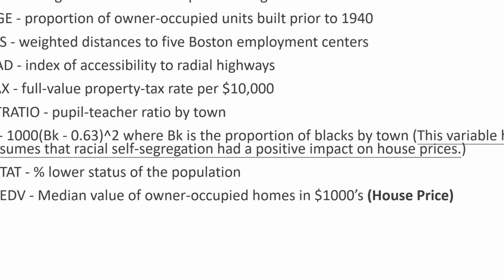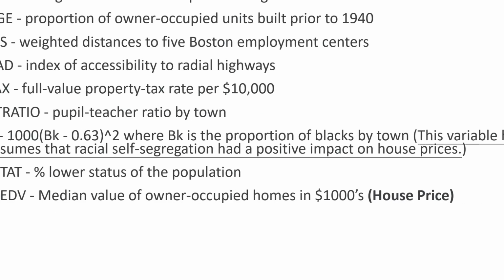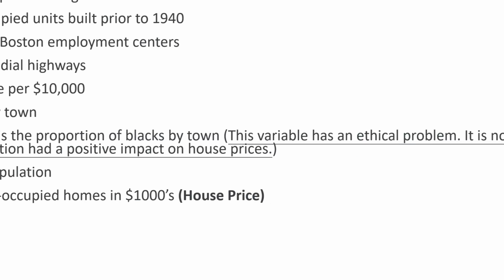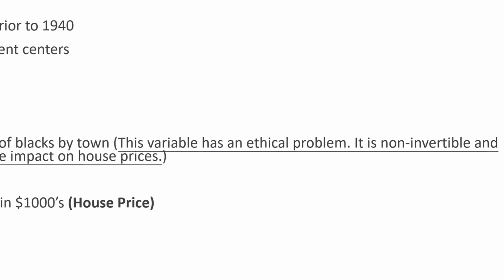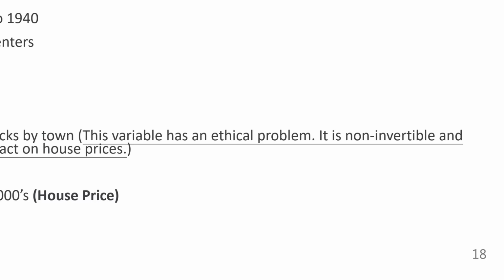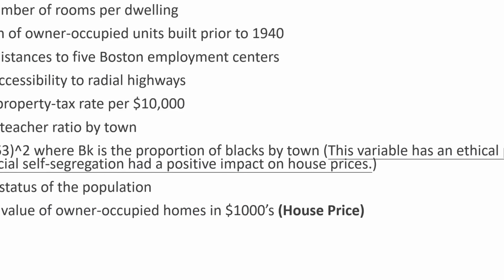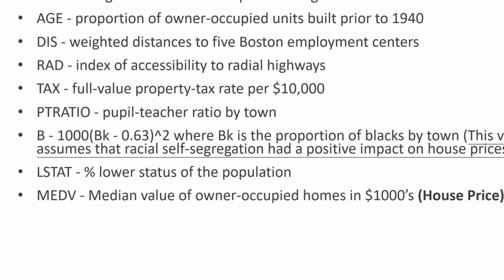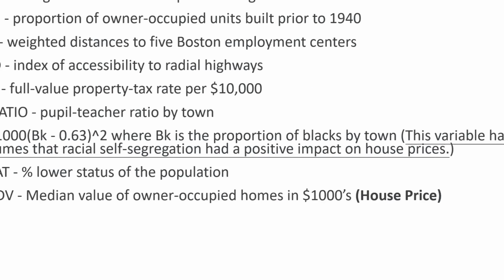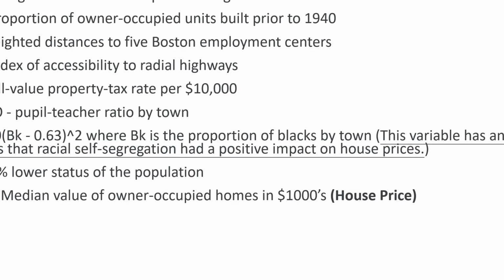The problem is, first of all, this feature is non-invertible because there is a square term. And second, it assumes racial self-segregation has a positive impact on house prices.